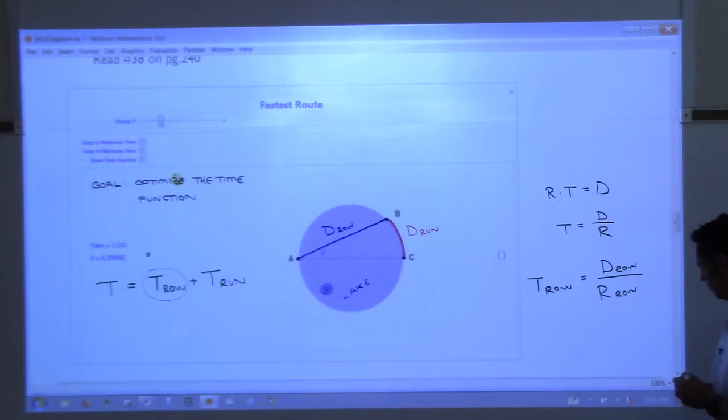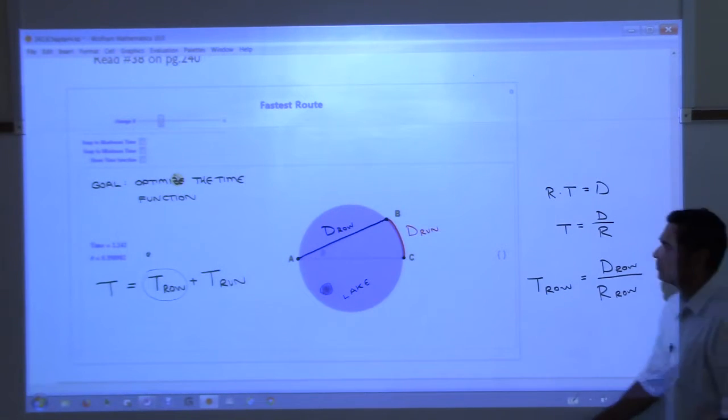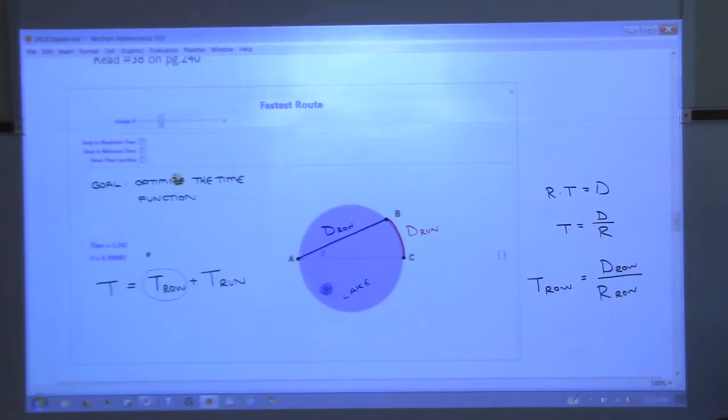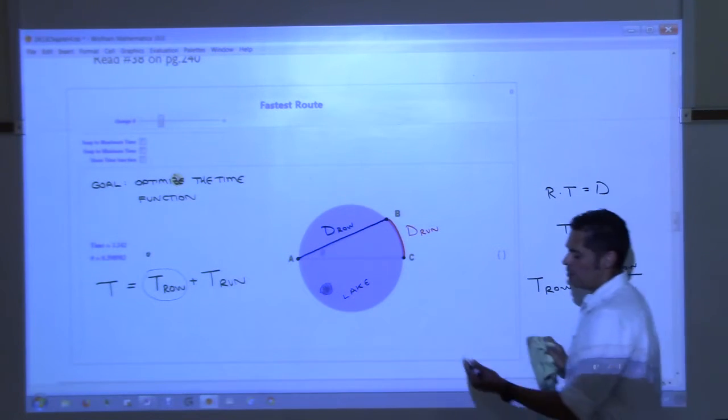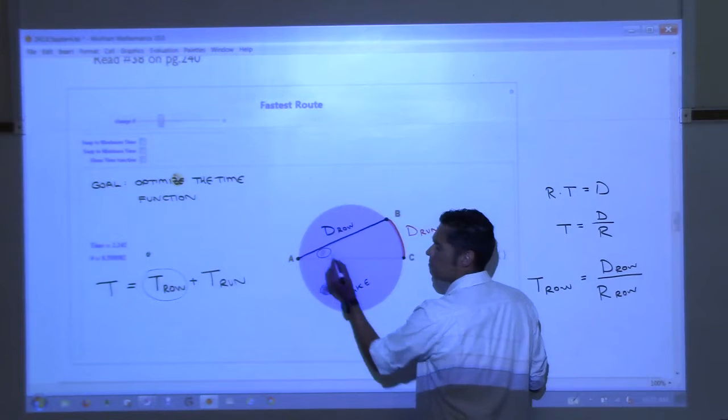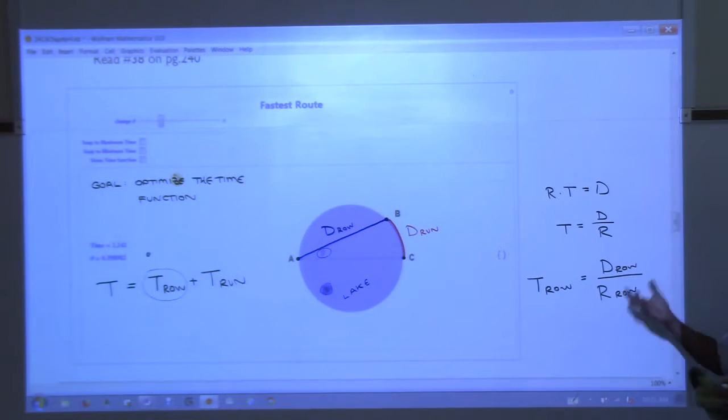Agreed? They both have to be functions of theta. I give you theta, you give me the distance I run or the distance I row.